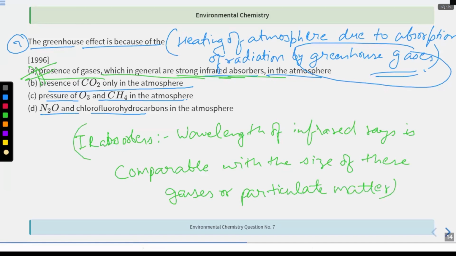So basically they absorb infrared rays because the size of these is comparable with the wavelength. That's why I can say greenhouse gases are because of the presence of gases which in general absorb infrared rays and keep our atmosphere heated by absorbing these rays. So again, this was an easy one. Question number 7.